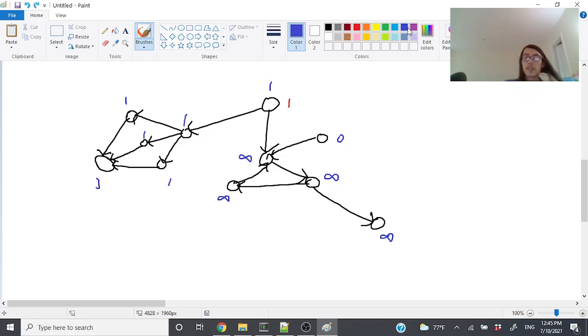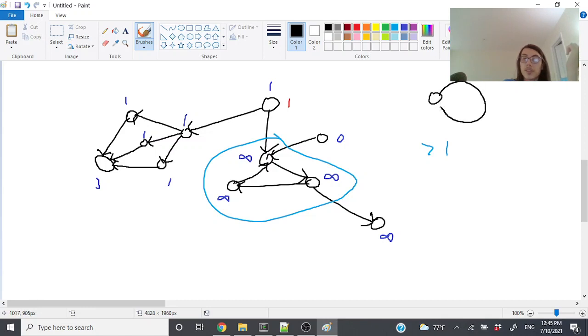And so the condensation graph here would be, everything would be the same, except this would be a single node, like a strongly connected component. Now, if a strongly connected component has more than 1 node, or the other case, it has an edge to itself, then there are infinite paths, assuming we can reach here from 1.